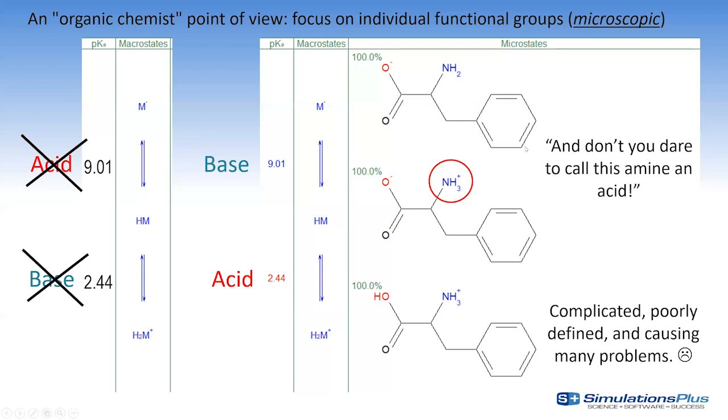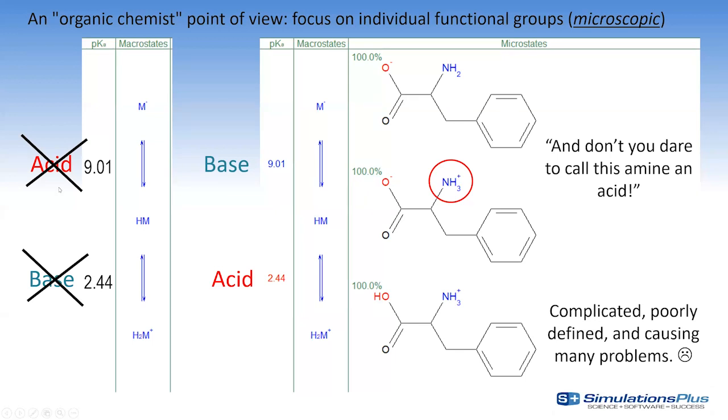So this is a molecule. It's an amino acid. It's a zwitterionic molecule. So instead of looking at global charge states, macroscopic charge states, they look at the individual functional groups and they say, oh, okay, the proton here is attached to amine. It must be a base. So don't call it an acid.